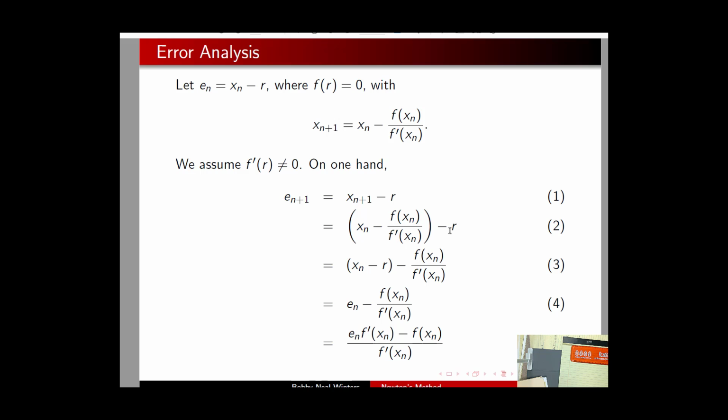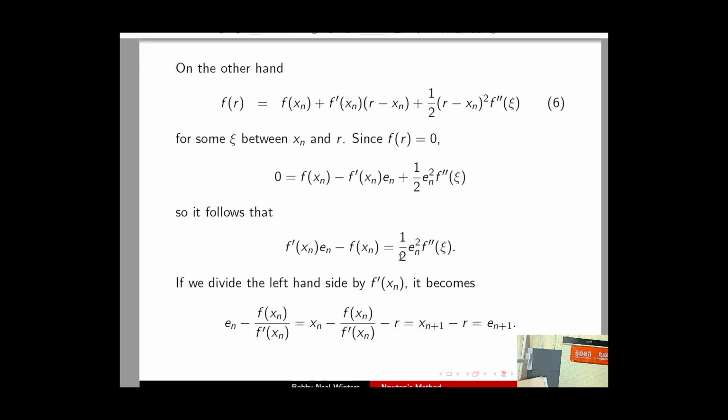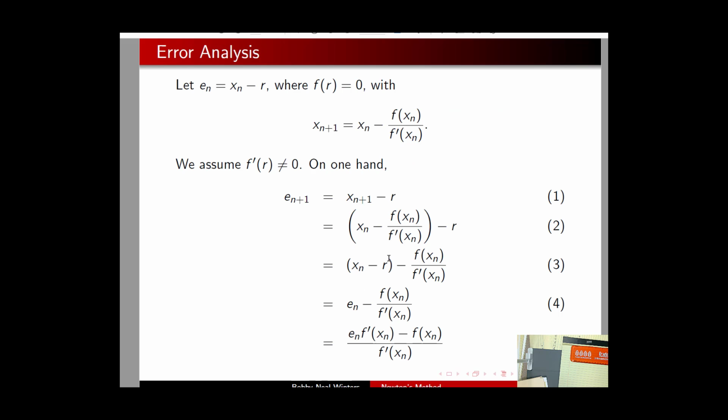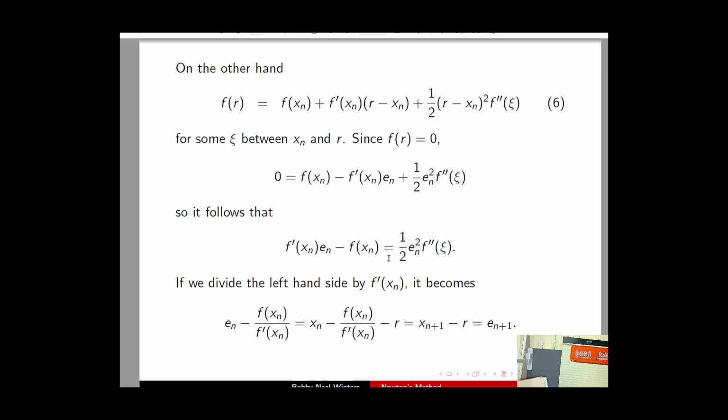I take my r next to my x sub n, this leaves over f of xn over f prime of xn. My xn minus r, that's just e sub n. So I rearrange that and get it over a common denominator. And so there I have an expression for e sub n plus 1.